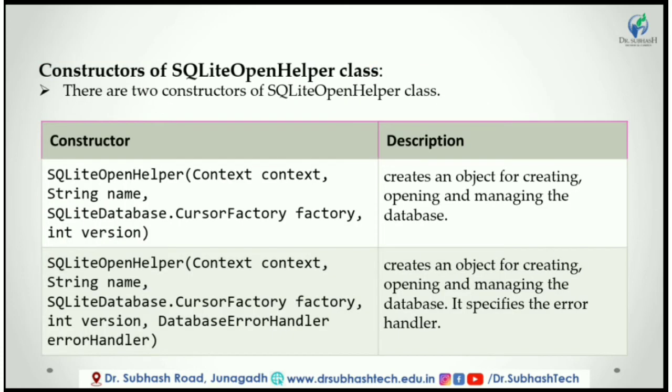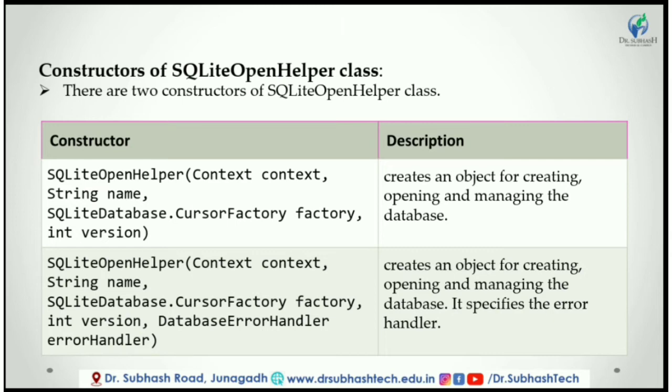To ensure this does not impact the user experience, make all database transactions asynchronous. Now we will see the constructors of the SQLiteOpenHelper class. The first constructor contains context, string name, SQLiteDatabase.CursorFactory, and integer version, and is used to create an object for creating, opening, and managing the database.